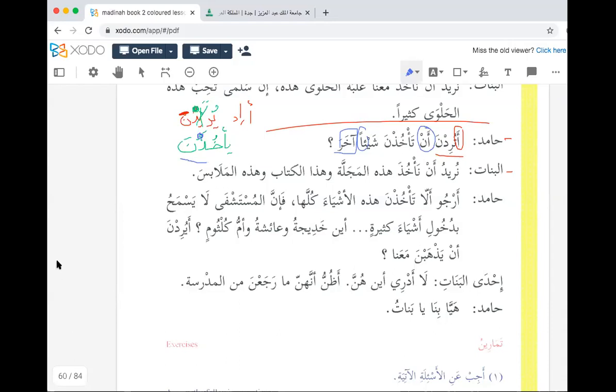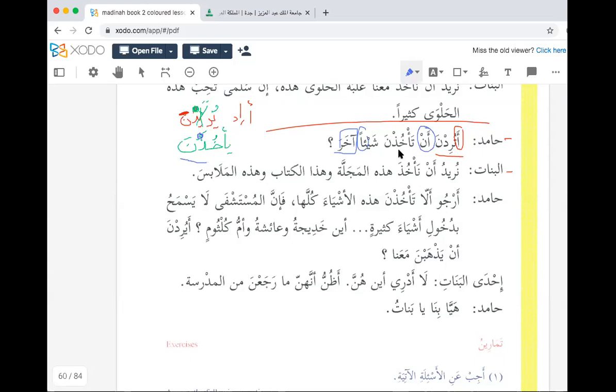Is there a problem with the mics today or is there a confidence issue? No, okay. نعم. What's it called? مصدرية. Thank you. أحسنتي. شكرا. أن المصدرية and also أن الناصبة.